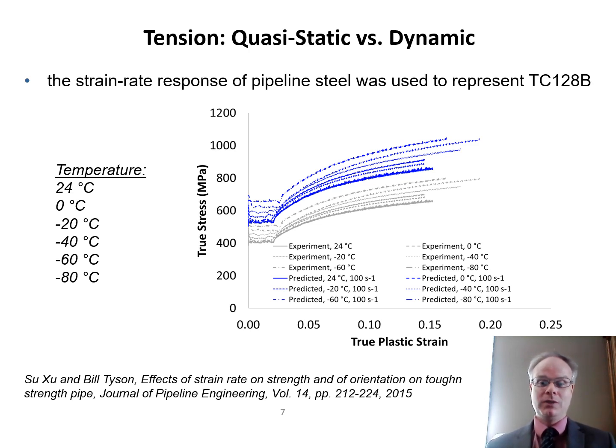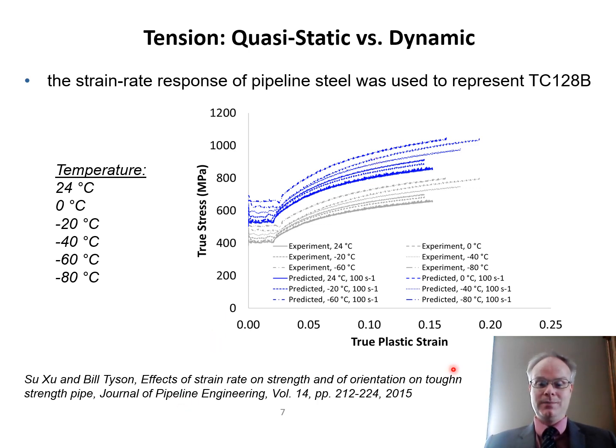And so there's a slight variation of the strength with temperature for the quasi-static, which is the light gray that we see here. So as we decrease the temperature, we just get a slight increase in strength. But when we go to a stress strain of 100 strain per second, we get a much larger strength of the material, and this allows you to absorb a little bit more energy.